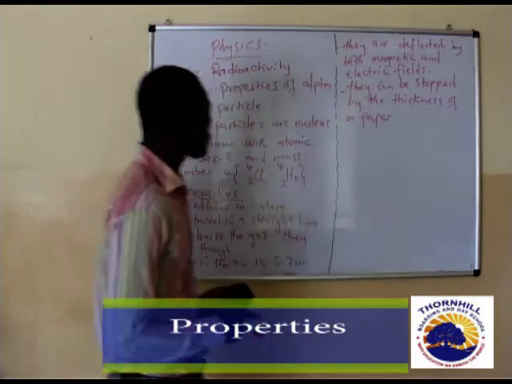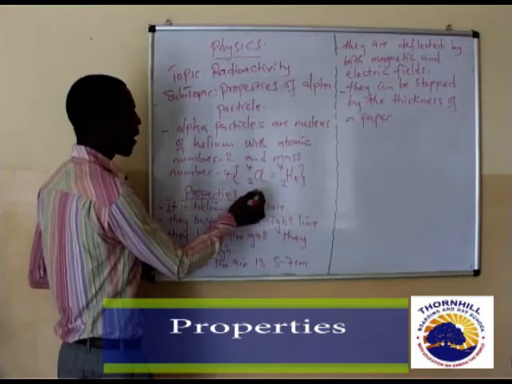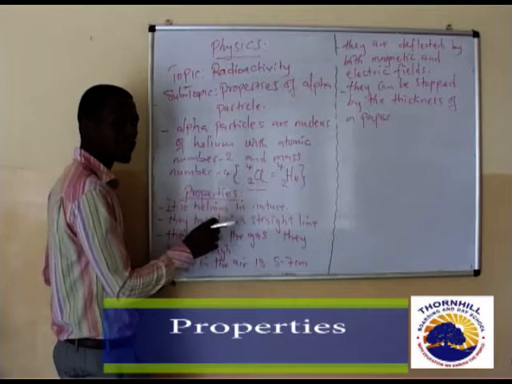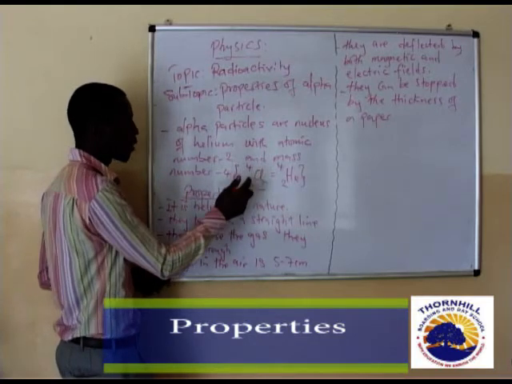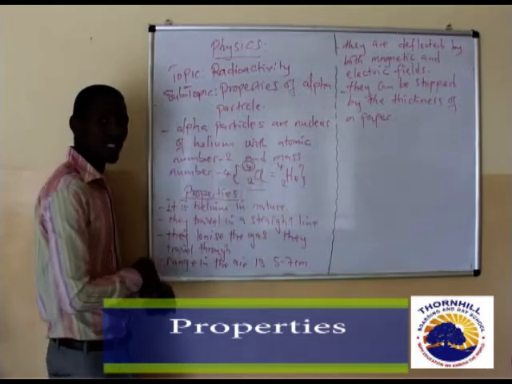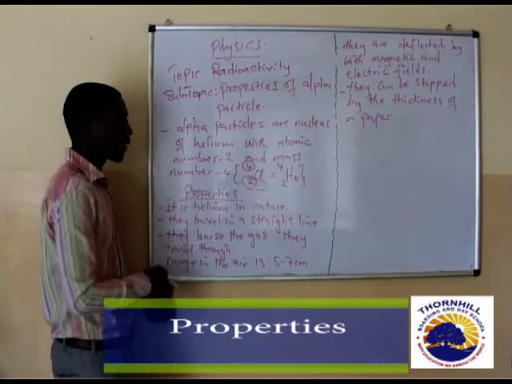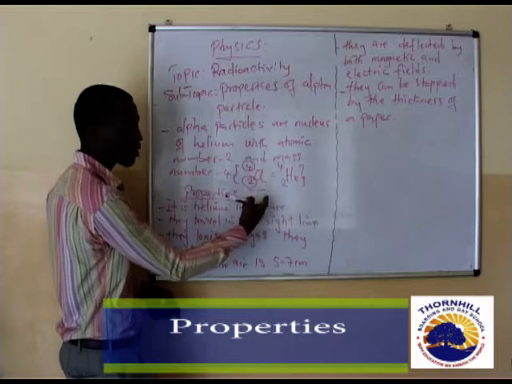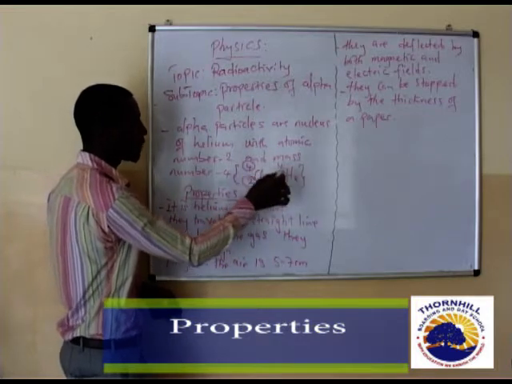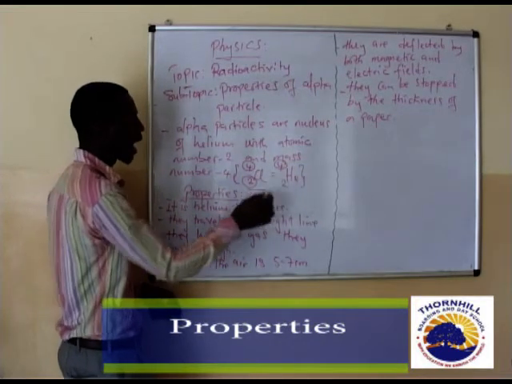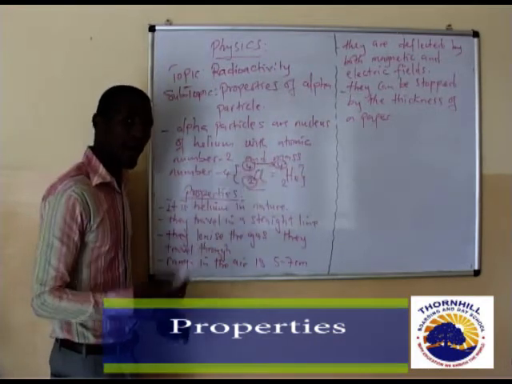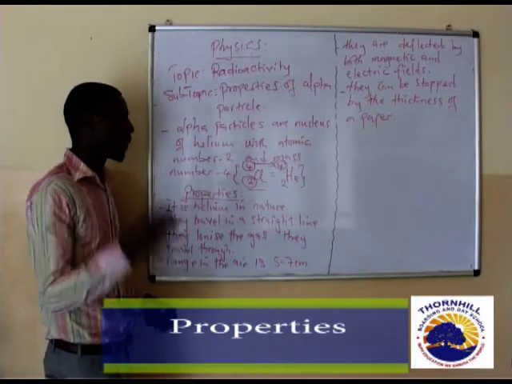Comparing the two, we have alpha here, indicated by the symbol alpha, with mass number 4 and proton number 2. If we look at these two different particles, we discover that helium, He, has the mass number 4, which is equivalent to the mass number of the alpha particle.